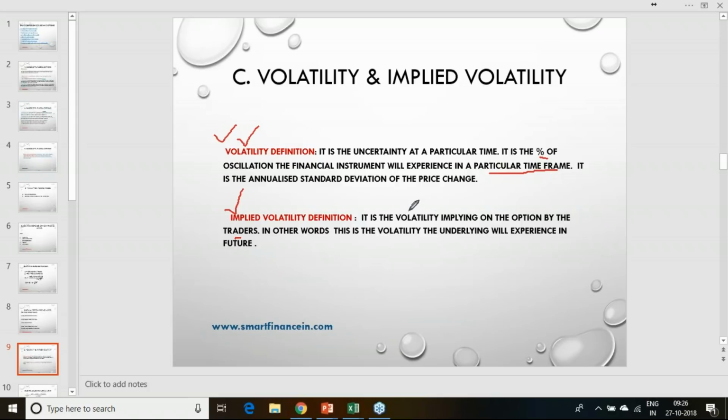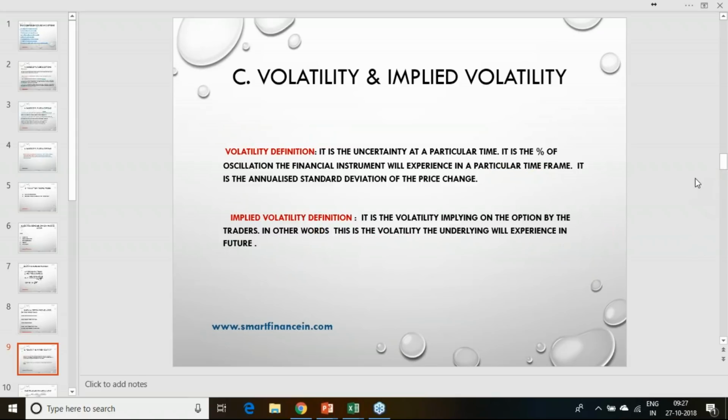The trader wants to give this volatility to the option. It is implied. In other words, this is the volatility the underlying will experience in future. That is a trailing indicator; this is a forward indicator. So this is implied volatility.